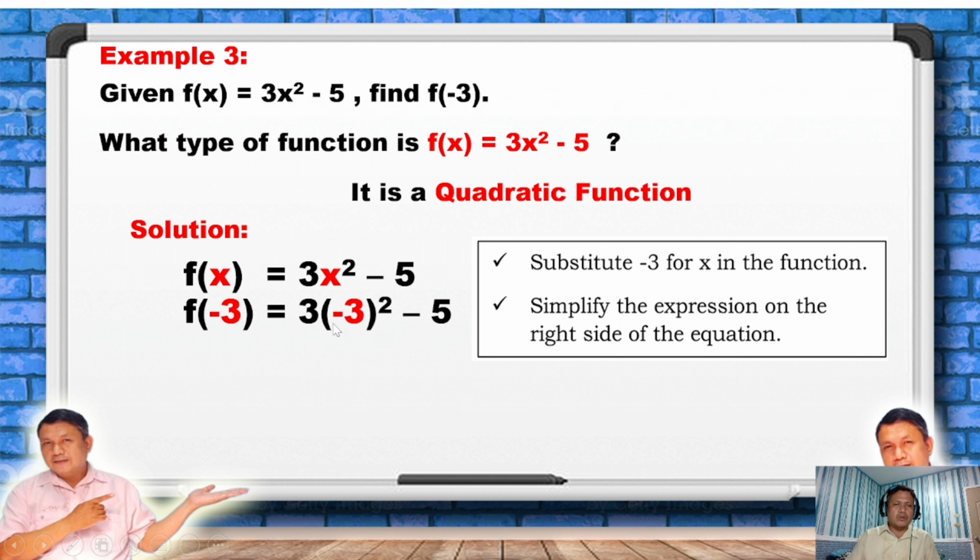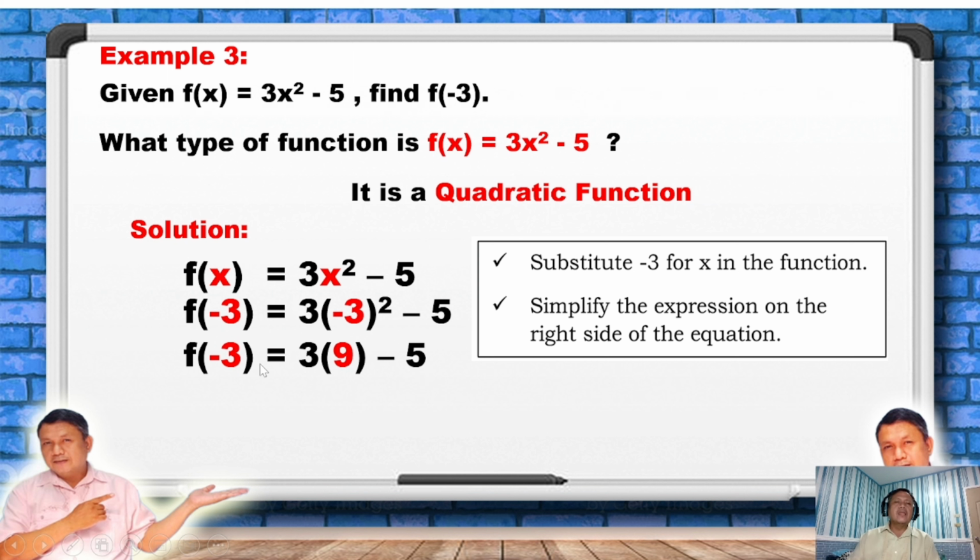So, exponent muna tayo. Ita-times daw ang negative 3 ng dalawang beses. Eh, di ba pag nag-multiply tayo ng negative 3 times negative 3, the result is positive. So once na nag-multiply po tayo ng dalawang negative sign, the result will become positive. So therefore, f of negative 3 is equal to 3 times 9, positive 9, minus 5.